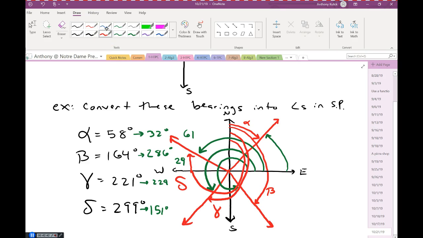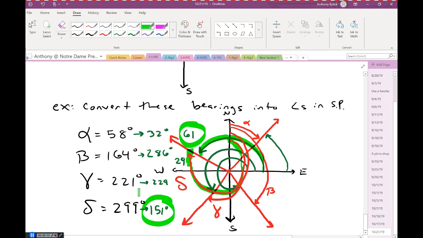So like the 229, so to do the 229, we went 90, 180, 270, so this section here is 29. 90 minus 29 is 61, right? So that's that other side. So to go from 90 and then 61 more is the 151. That's all we're doing.